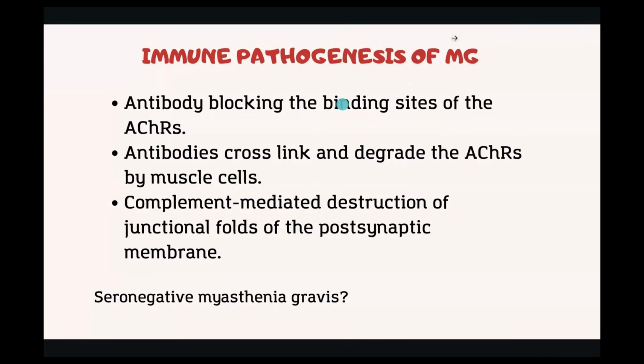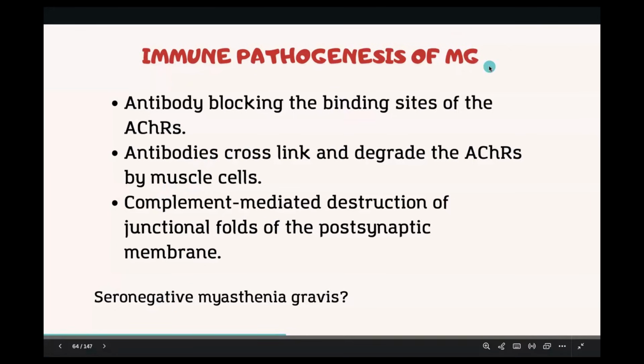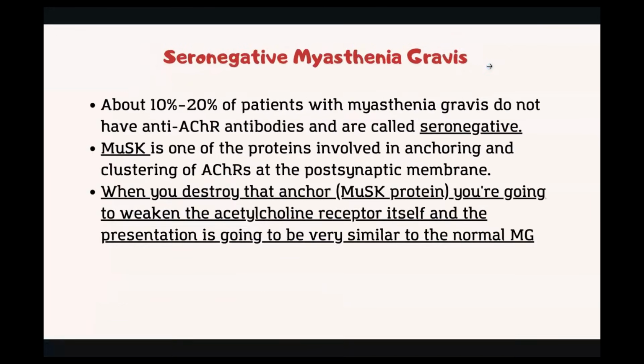Now, not all myasthenia gravis have these antibodies or the postsynaptic acetylcholine receptor antibodies. Some cases of myasthenia gravis are called seronegative myasthenia gravis cases. And what is meant by those? So seronegative myasthenia gravis is basically a case of myasthenia gravis that do not have those anti-acetylcholine receptors antibodies, so they're called seronegative.